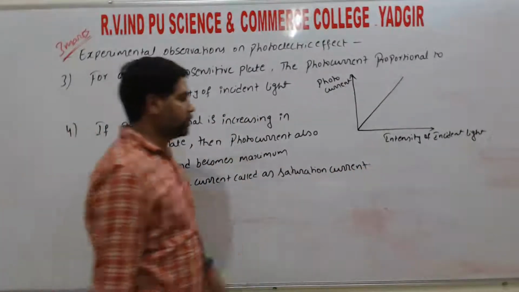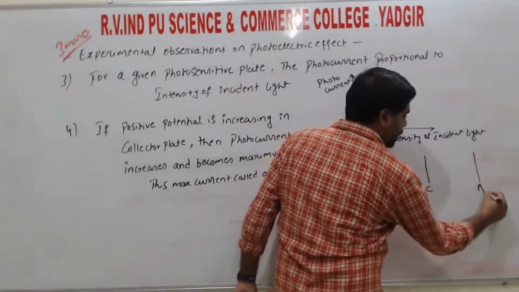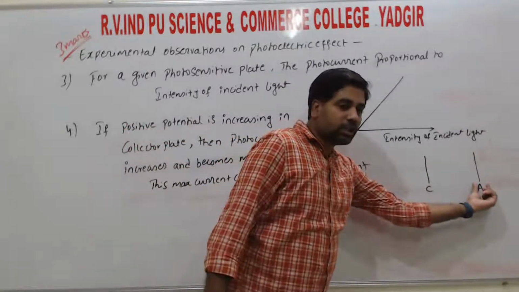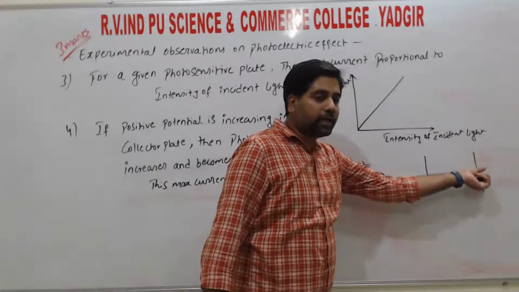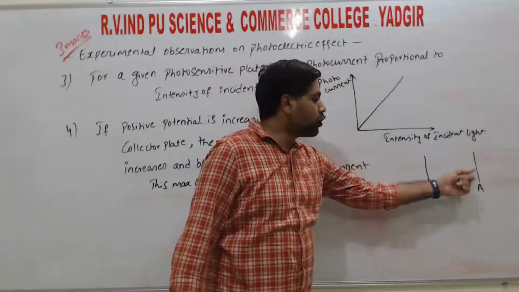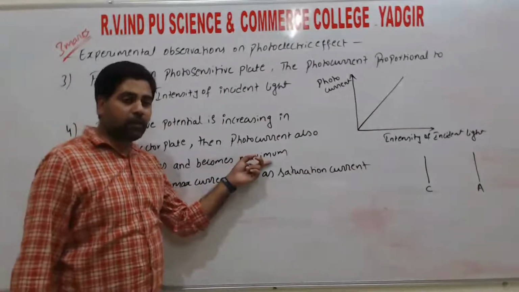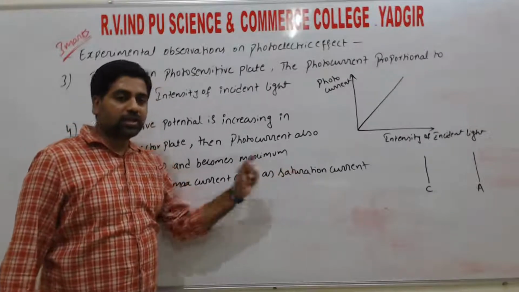In the experiment we have two plates, one is the photosensitive plate and the other is the collector plate. We apply a positive potential to the collector plate and keep increasing the potential values, then the current also increases and becomes maximum for a particular potential. That current we call saturation current.